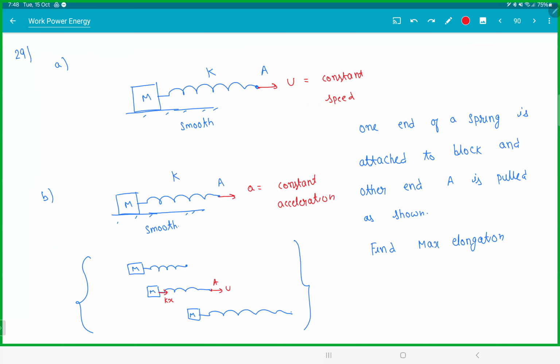What if I go with constant acceleration? Try. I'll give you a minute.